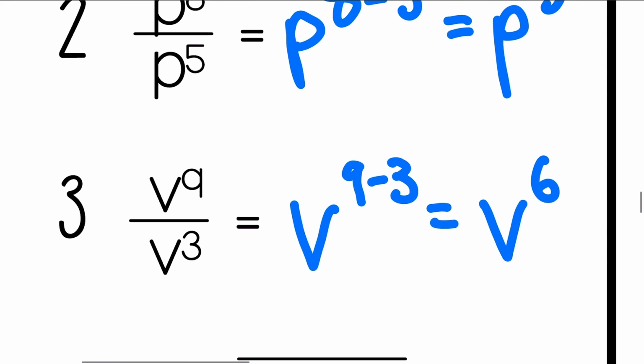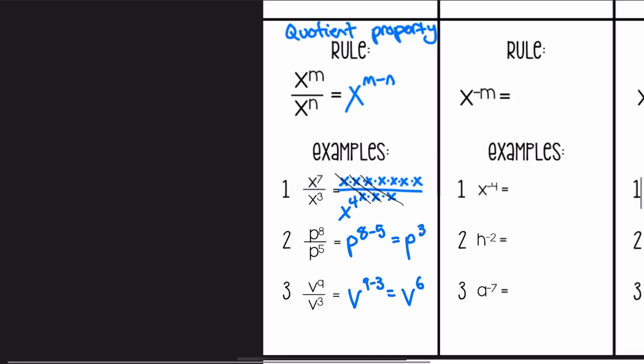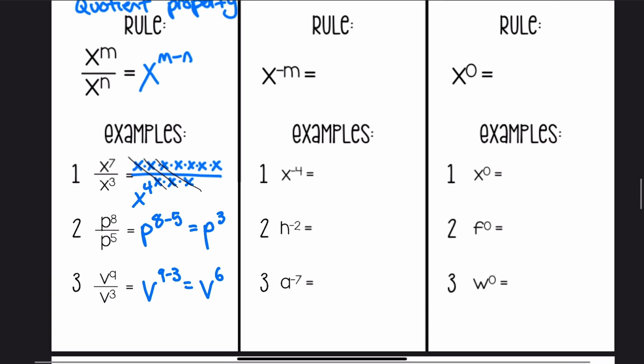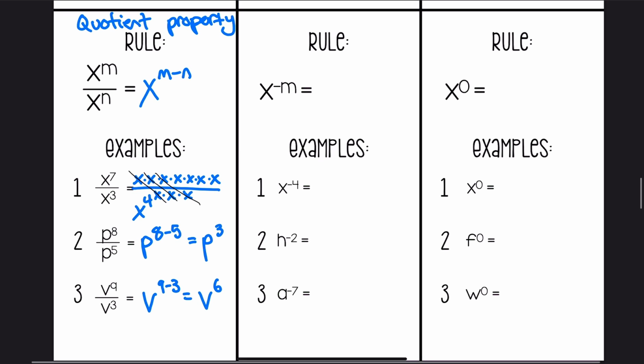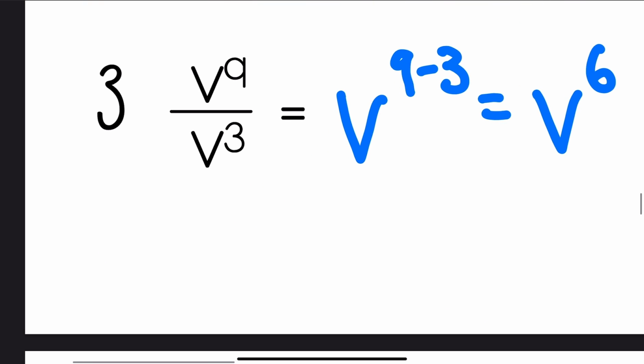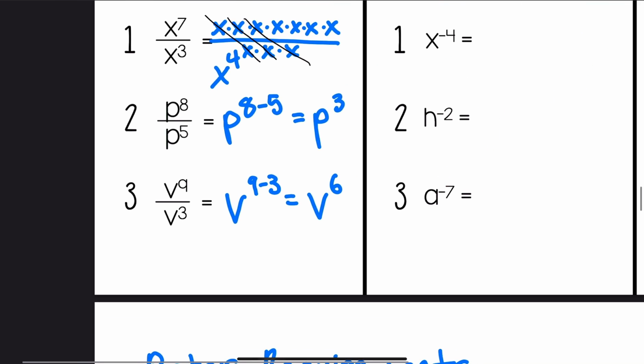All right. That is our quotient property, and this one is going to be important to the other 2 properties so we can kind of understand what it is. So at the bottom of this quotient rule, I'm going to come up with an equation.